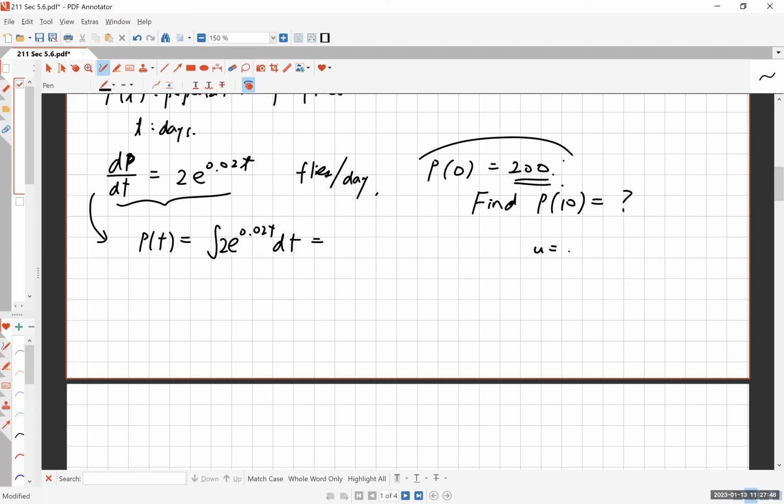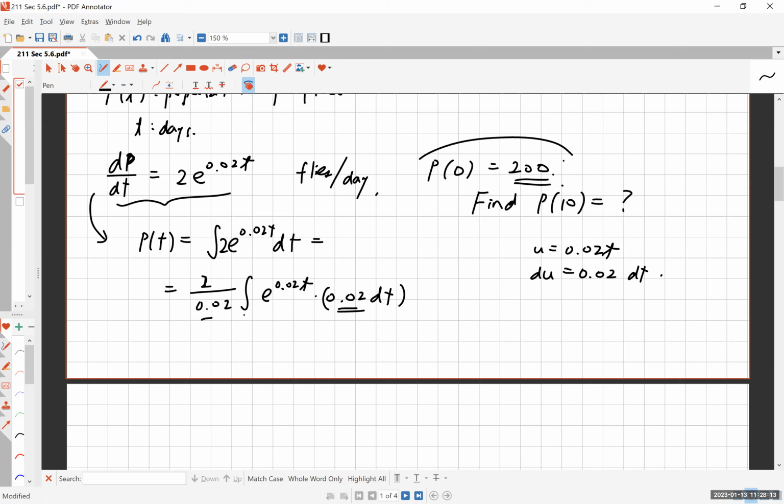All right, so I can let u be 0.02t, then du is 0.02 dt. Now I don't have that, but that's okay. Just divide by 0.02. In fact, let's take the 2 out. Then you have e to the 0.02t times 0.02 dt.